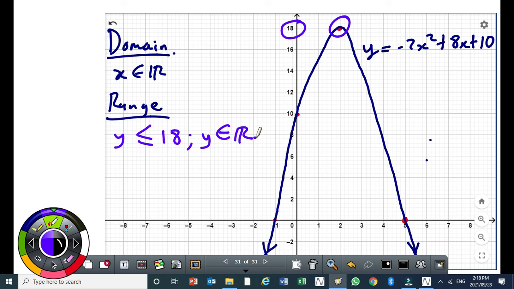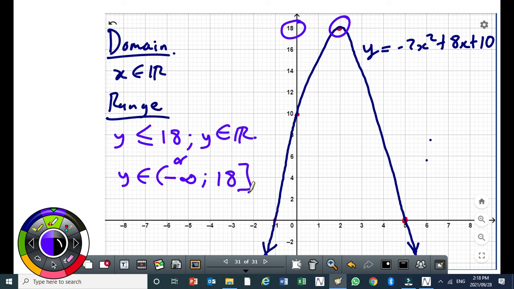Okay? You can also write this as y is an element of, starting from minus infinity up to positive 18, put a square bracket. Please be aware that when you are writing the range or the domain, you start with the minimum first, not the maximum. I have seen learners starting with the maximum instead of the minimum.